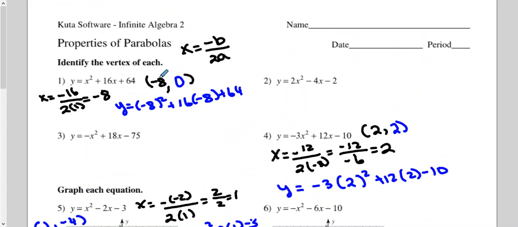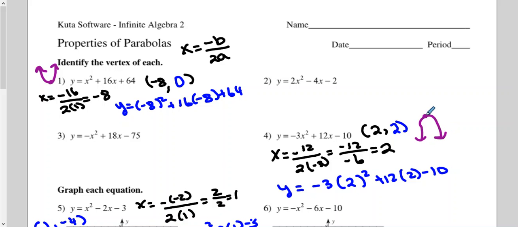So if it's a positive function, you know your parabola is going to go up like this, which means that it has a minimum vertex. So this would have a minimum at 0, for example. And this one, since it's negative, the graph of it would go down like that.